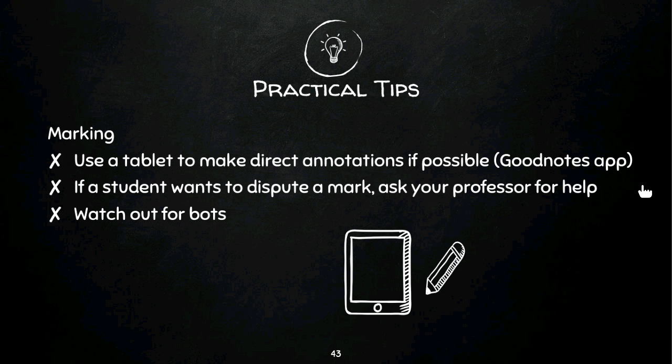If a student wants to dispute a mark, ask your professor for help on how they want to handle that situation. And watch out for bots. So one thing that I noticed when I was marking the design project, there was one assignment where I was reading it and it sounded really kind of strange, but I thought maybe they just have a unique way of writing.